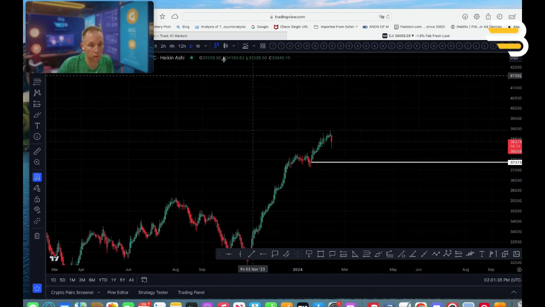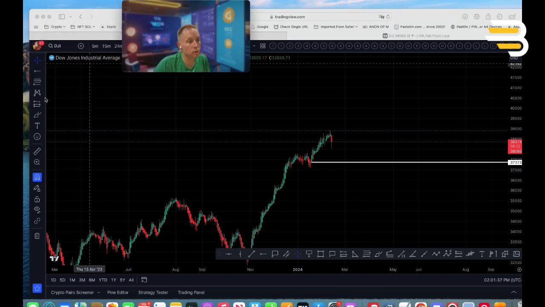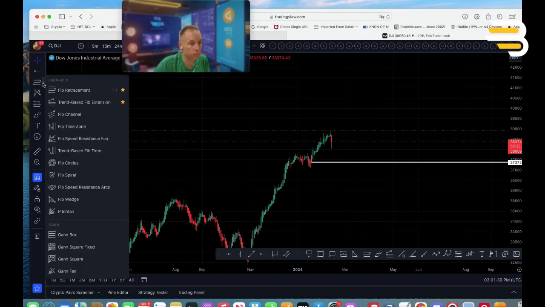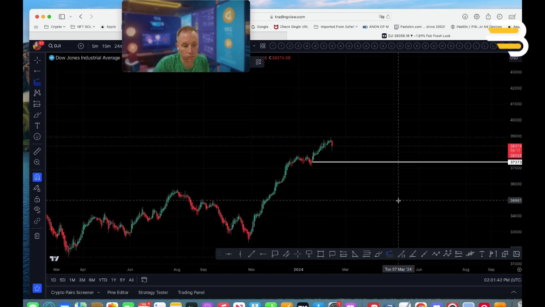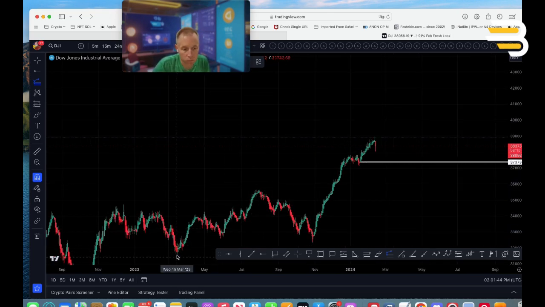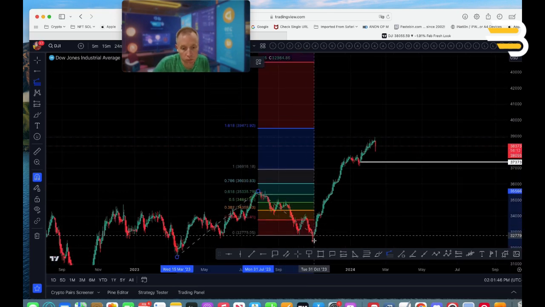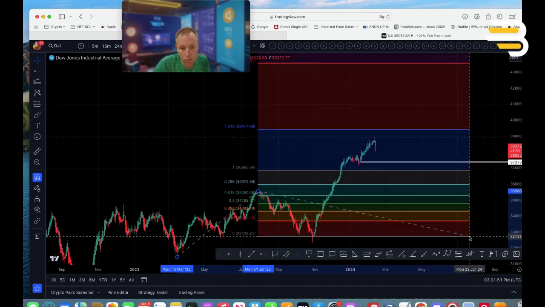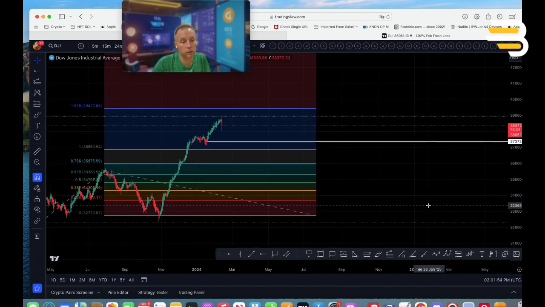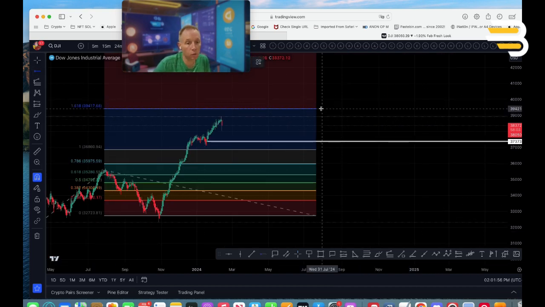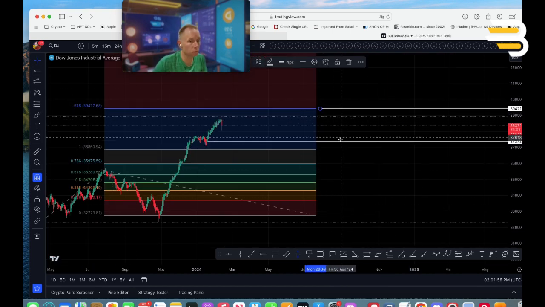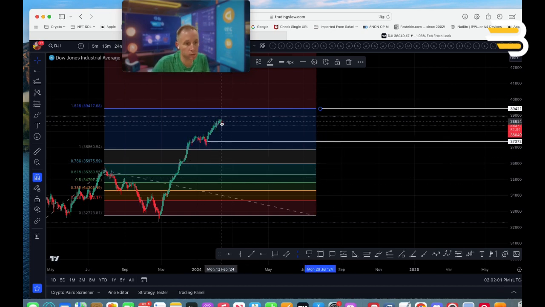and let's say what we were doing here was something crazy, and we took something like the fib extension. Anyway, we thought this would be a good take profit level, and this is where price is at.